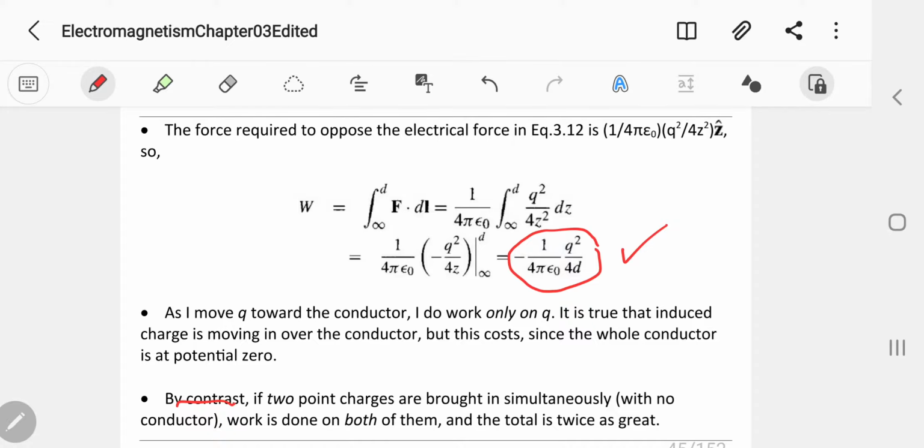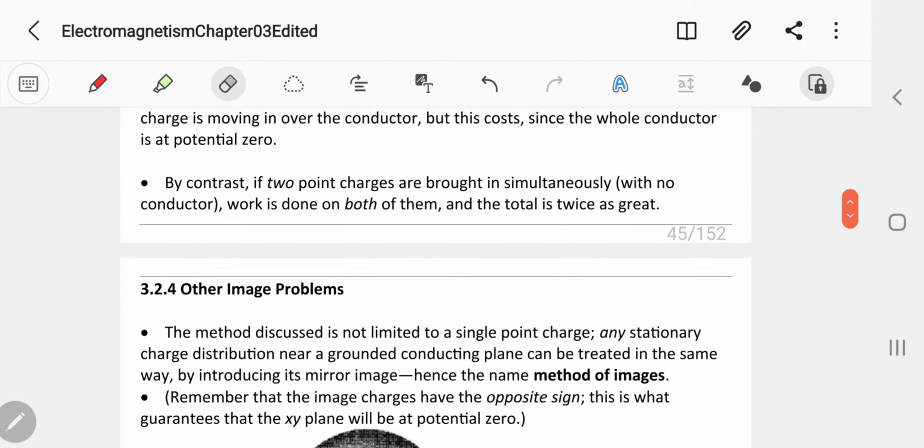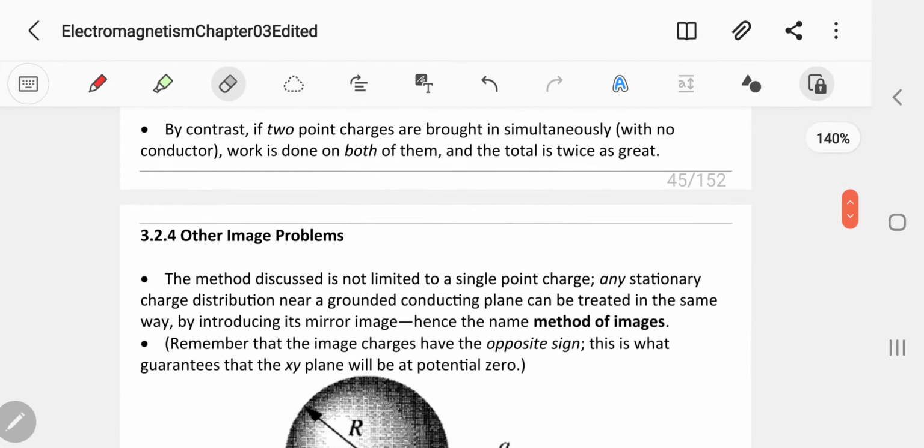But since you only have one charge that is brought from infinity to the point where it is distance d above the plane, you're only working on that charge. That's the reason why it's only half.